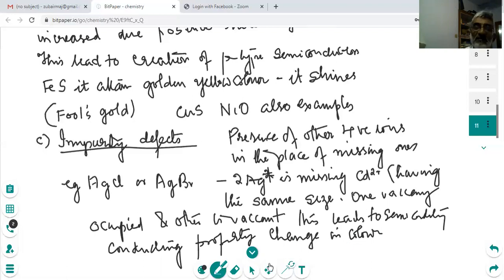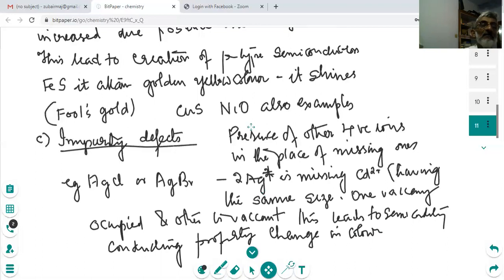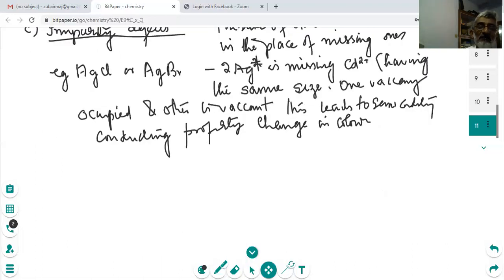So this is the introduction of an impurity. Okay. So this you can call an extrinsic defect. What is the meaning of extrinsic defect? Meaning intrinsic and extrinsic.